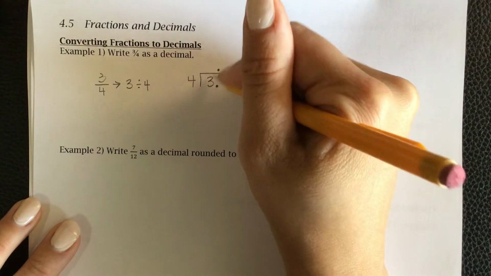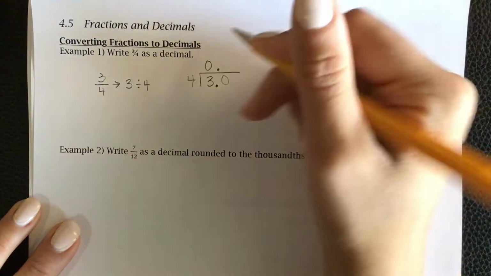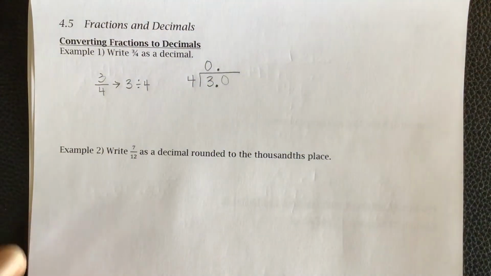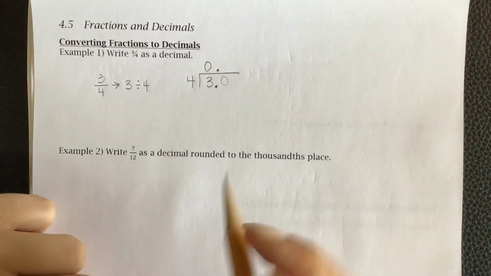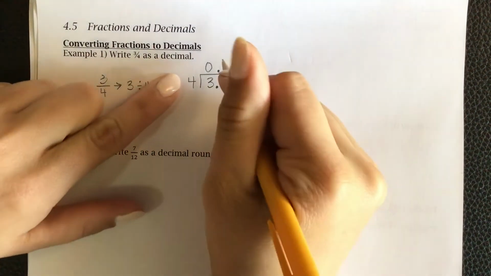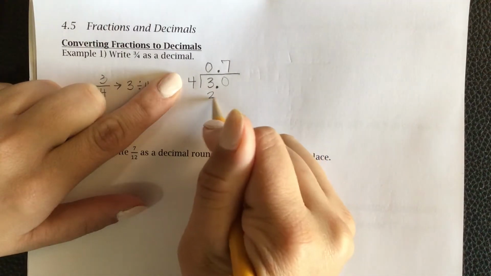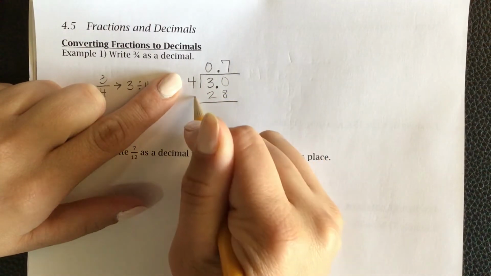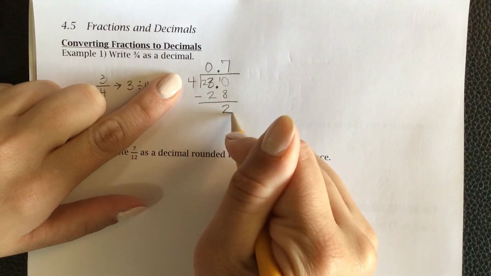We know that 4 doesn't go into 3. Add in your 0. 4 goes into 30 how many times? 4 goes into 30 7 times. 7 times 4 is 28. Subtract, and I'm going to get 2 left over.